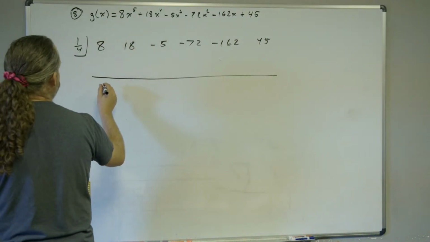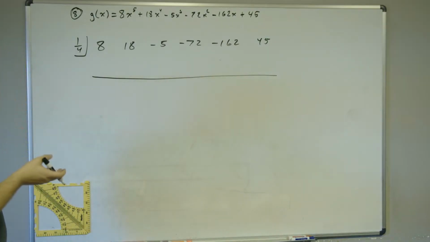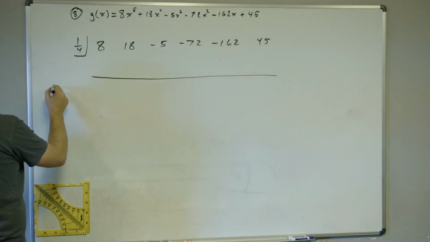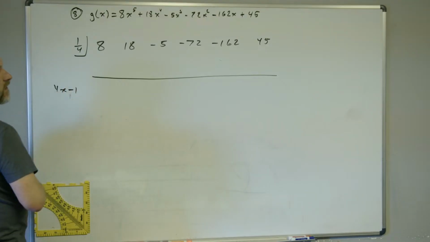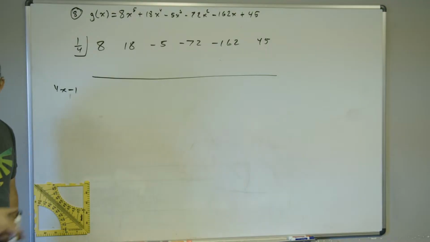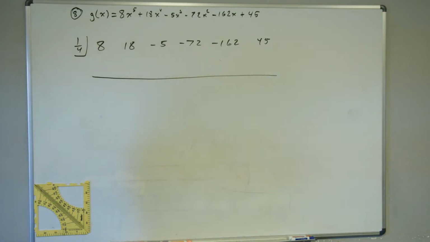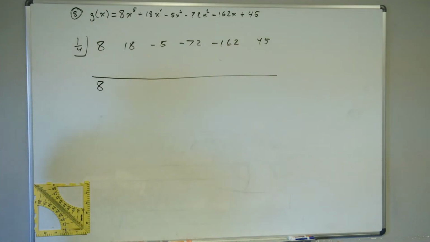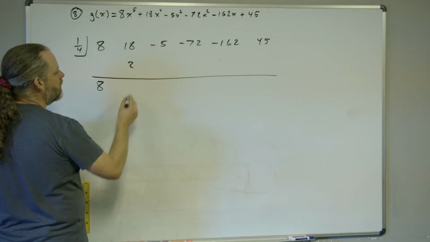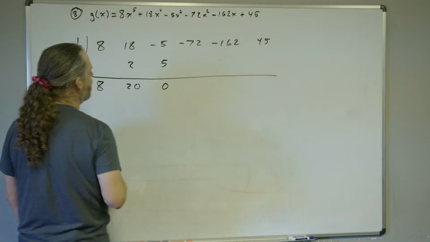So the factor would be like 4x minus 1, once you actually factor the thing out. Anyways, put the 8 down here. 2, 20, 5, 0. Yay, we like that.